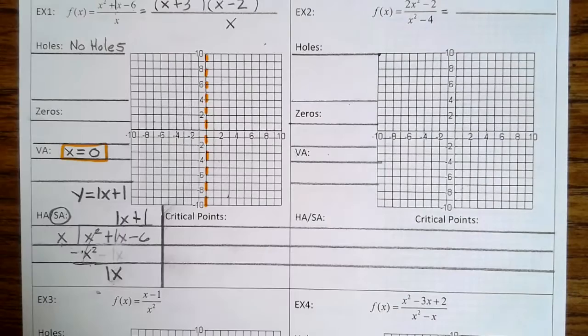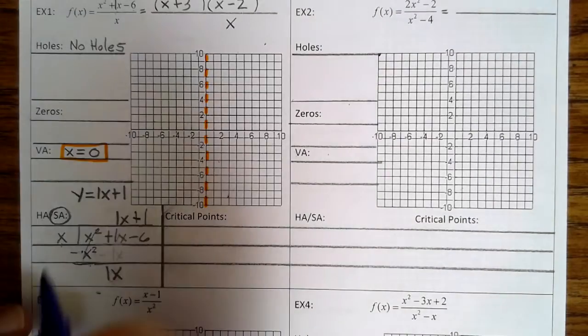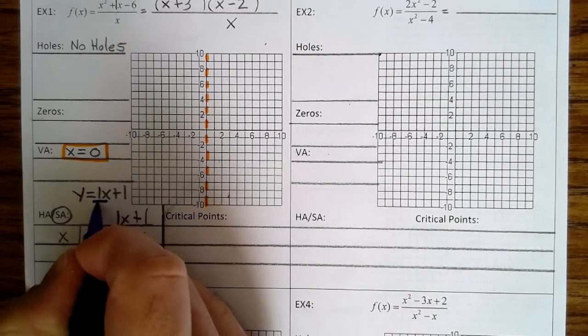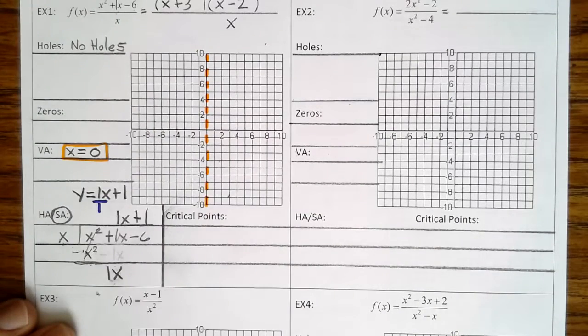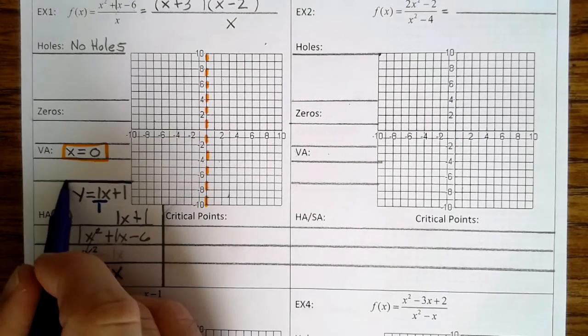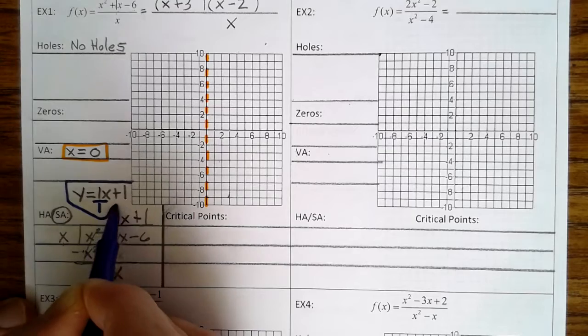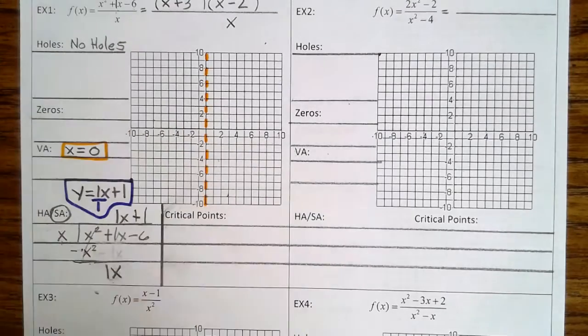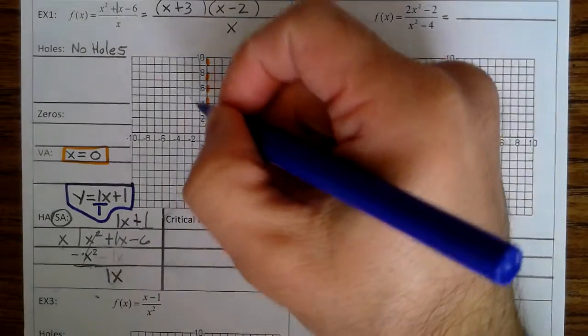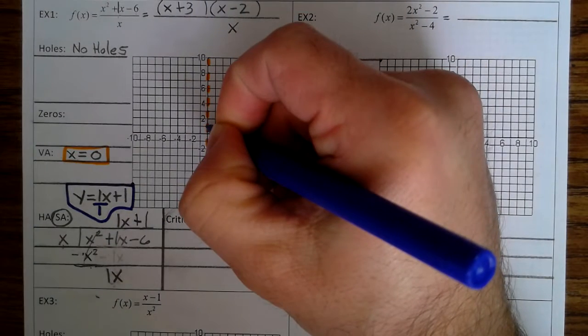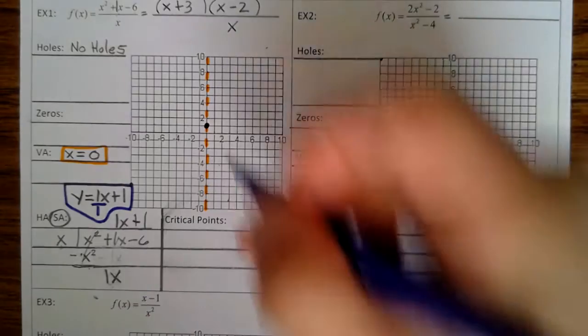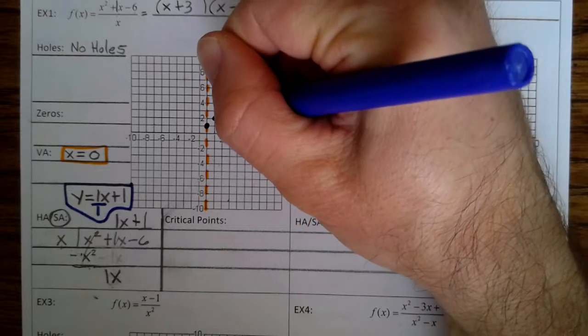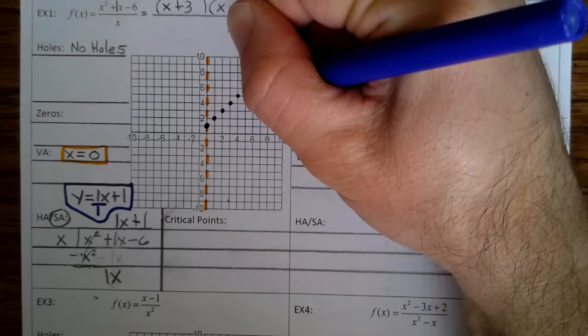And I'm going to divide that by 1, so we have our slope, and I'm going to graph our slant asymptote in blue. Okay, so here our y-intercept is 1, so we put it at 1, and then our slope is rise over run, 1 over 1, so we go up 1 to the right 1, up 1 to the right 1, and so on.